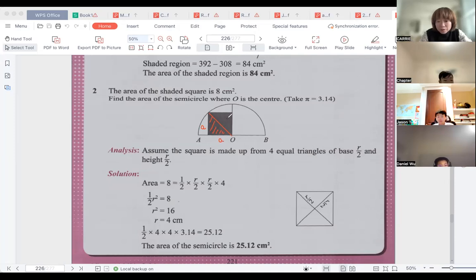So how do we calculate this red line? If this is B, we have B squared equals A squared plus A squared. Get it, everybody?